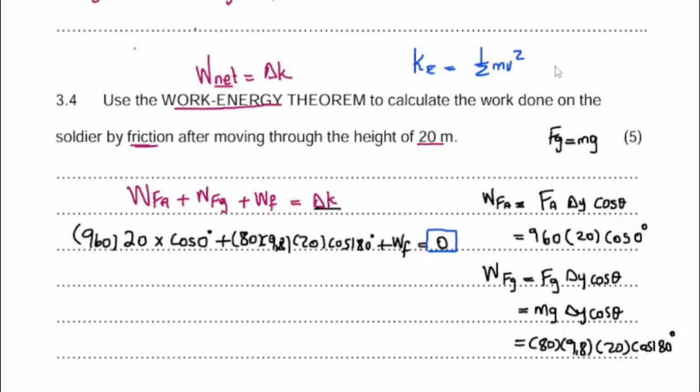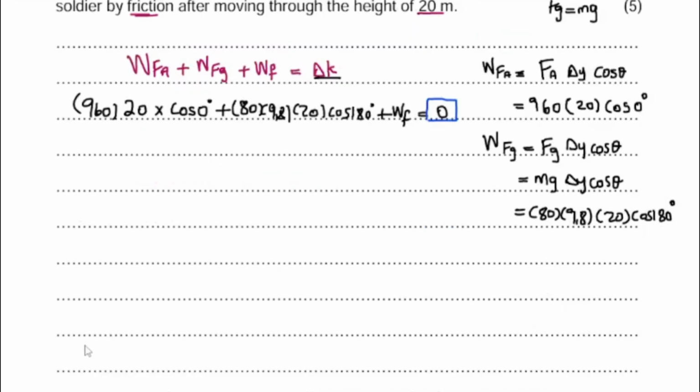Let me explain why. The kinetic energy depends on what? It depends on the speed and the mass. So if the speed doesn't change, the kinetic energy cannot change. Remember, when we say the change in kinetic energy, which formula do we use to find it?